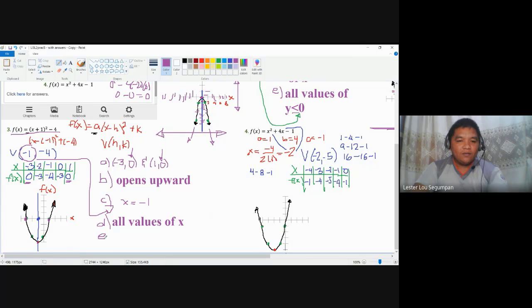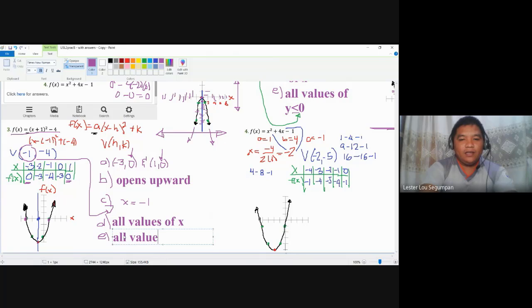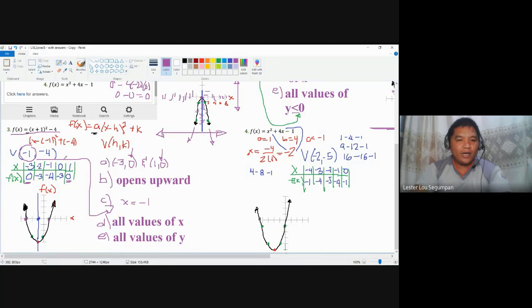And finally, for letter E, all values of y. Look at the value here, okay? As this is actually the minimum value, -4, it should carry all values above it, so y is greater than or equal to -4.